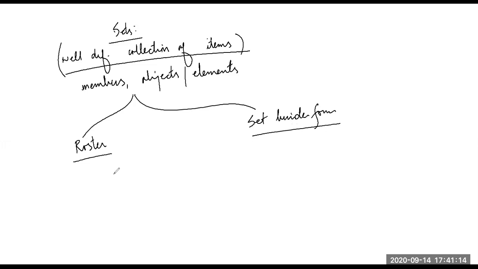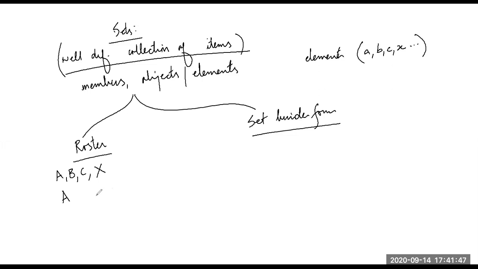Let's say we want to define a set A. Sets are normally defined with capital letters like A, B, C, X, Y, Z, and their members or elements are normally written as small letters like a, b, c, x, y, z. Let's say I define a set A which is the set of all vowels in the English language.